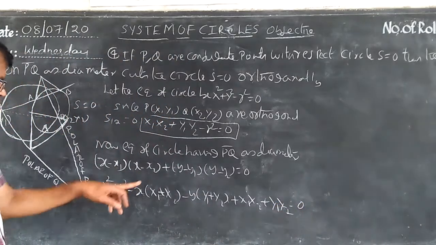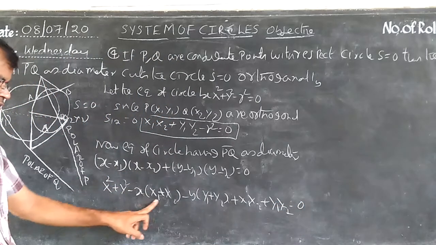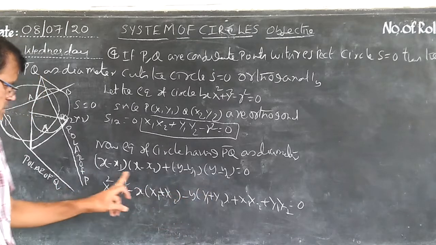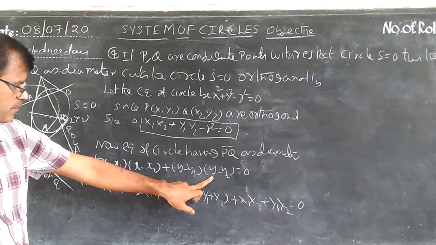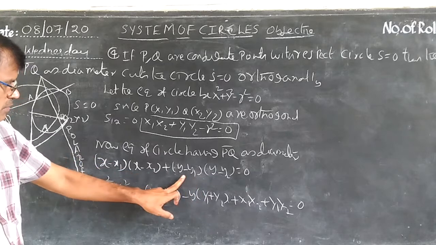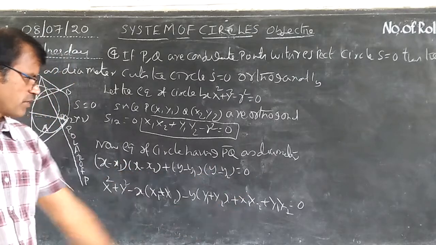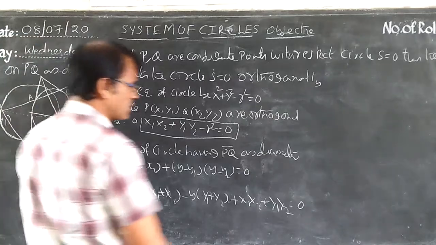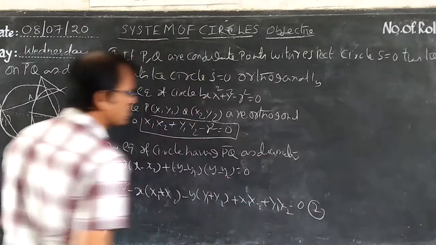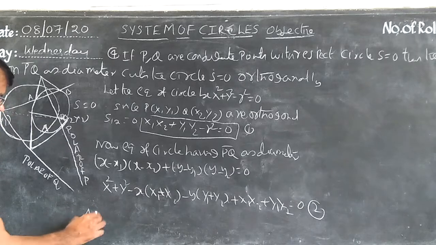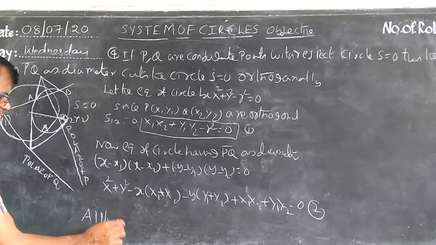Let this be a circle having end points of diameter. Let this be circle 1.